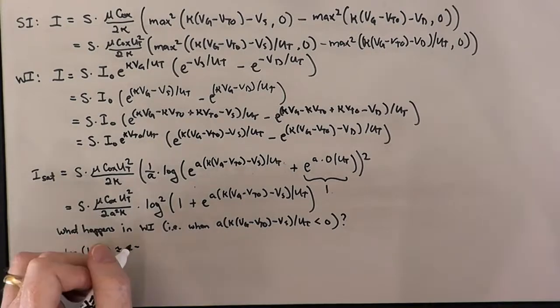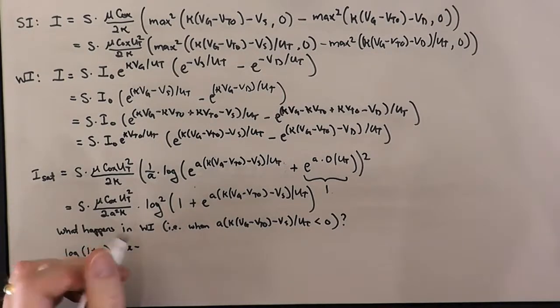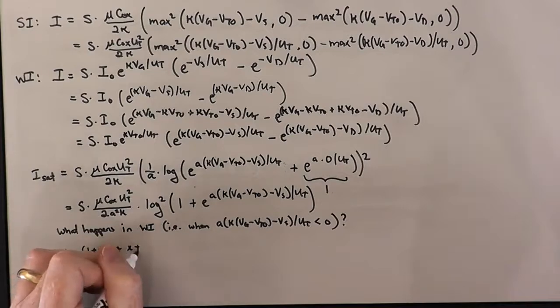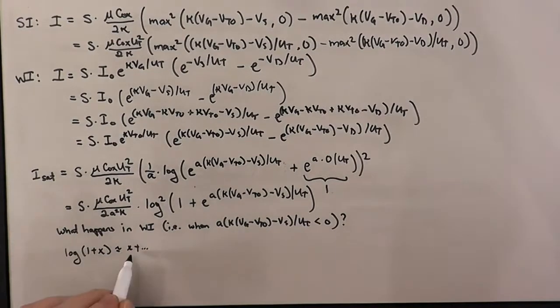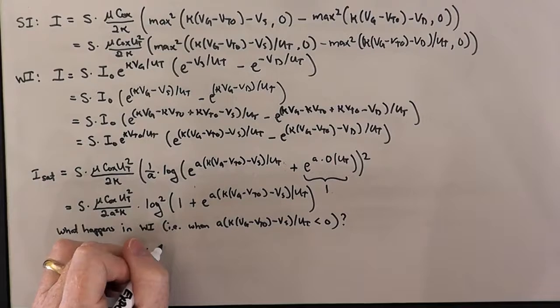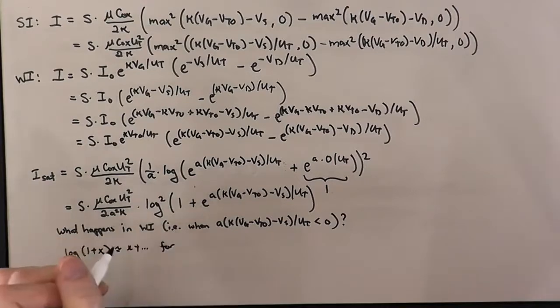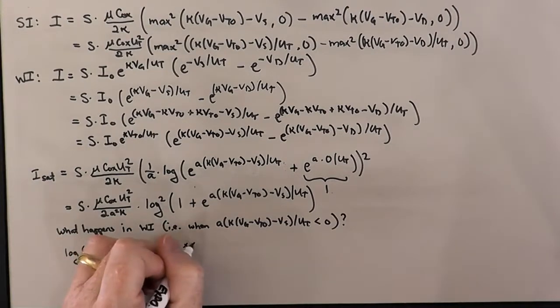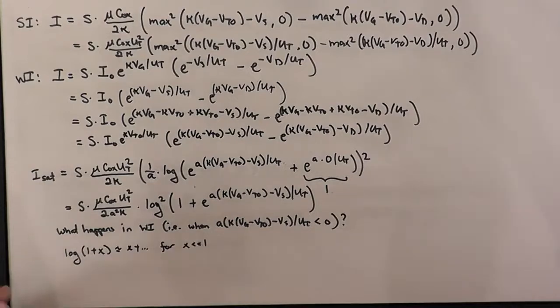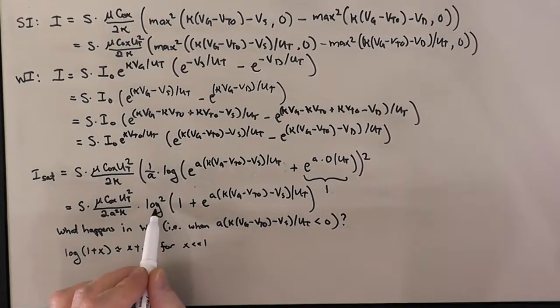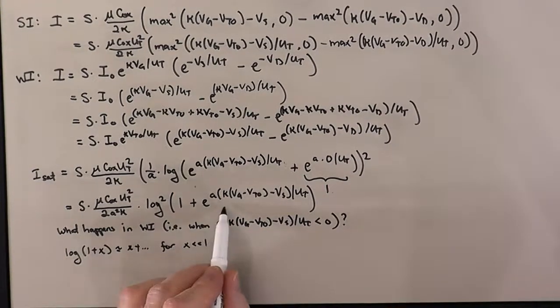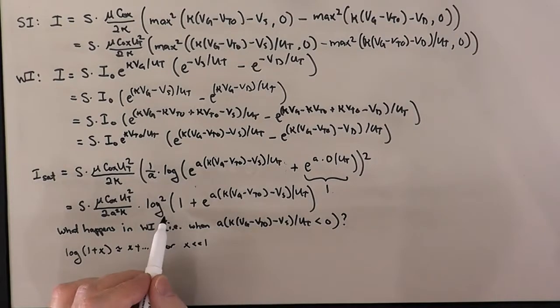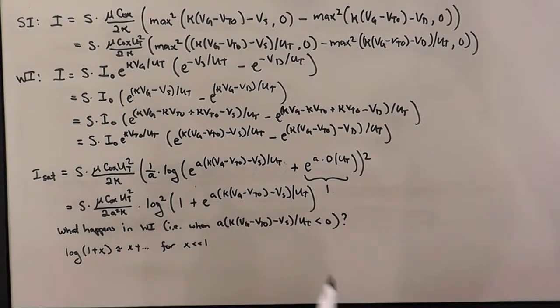I think it's an alternating series, but it's basically approximately equal to x for x much less than 1. And so the log of 1 plus small is going to be just the small thing.